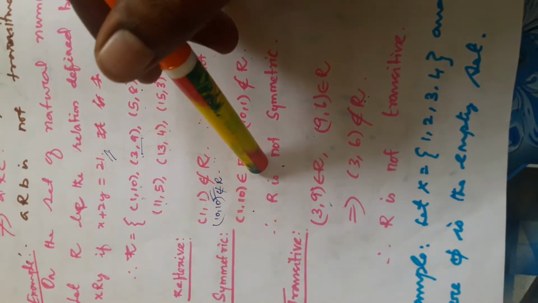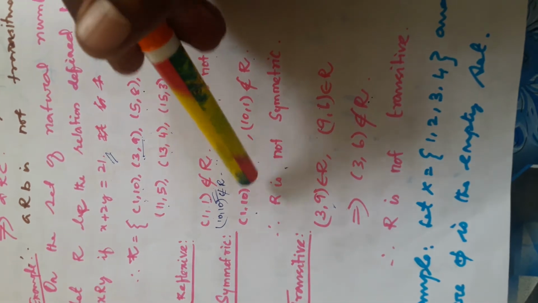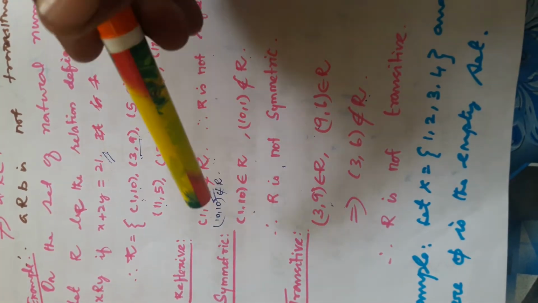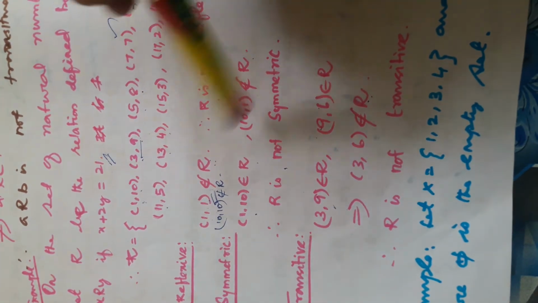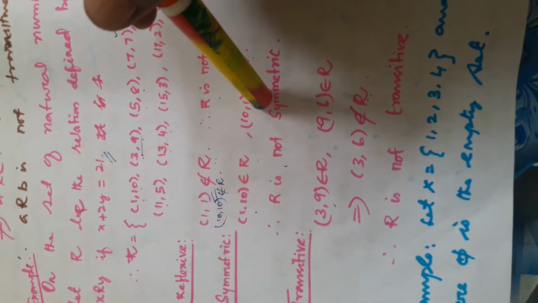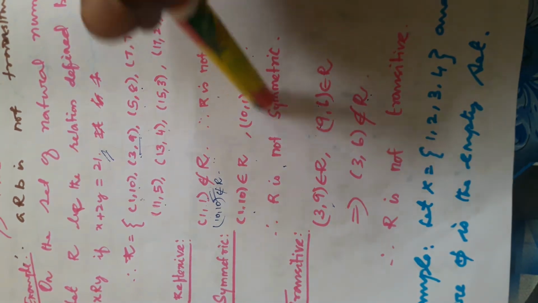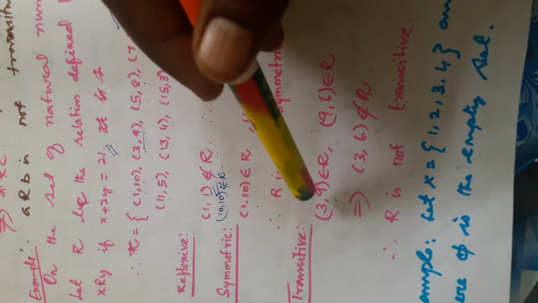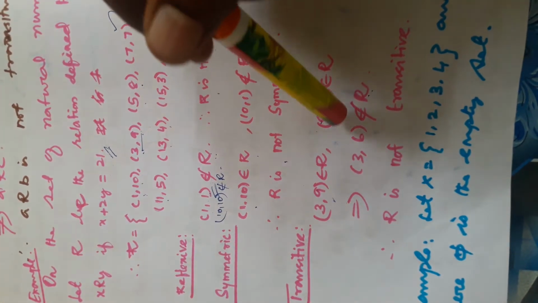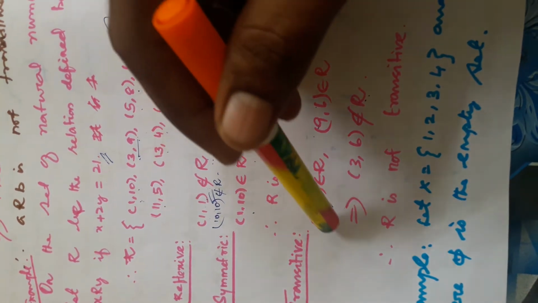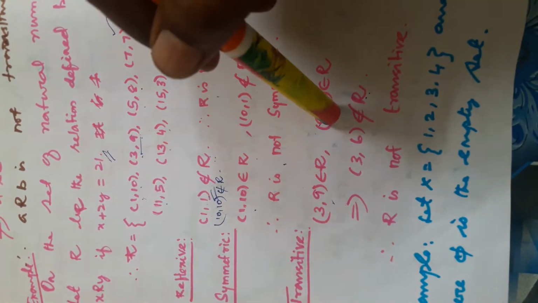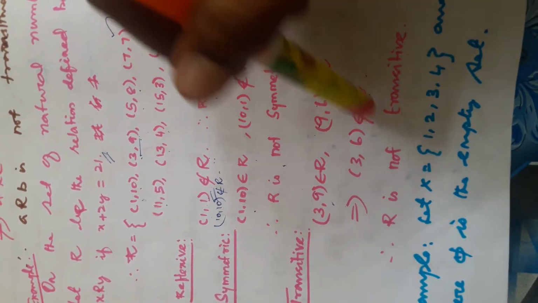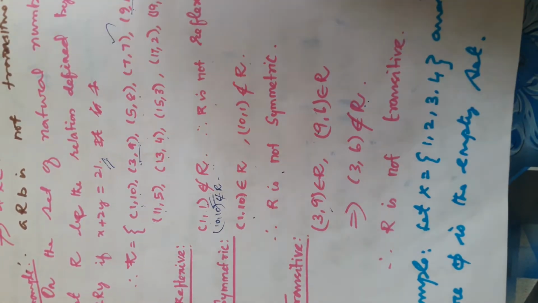And symmetric you have to check for all the elements, not only particular elements: 1 comma 10, 10 comma 1, 3 comma 9, 9 comma 3. So R is not symmetric here. Like that in transitive, 3 comma 9, 9 comma 6 is only a particular relation, not for all the elements. 3 comma 6 does not belong to R, therefore R is not transitive.